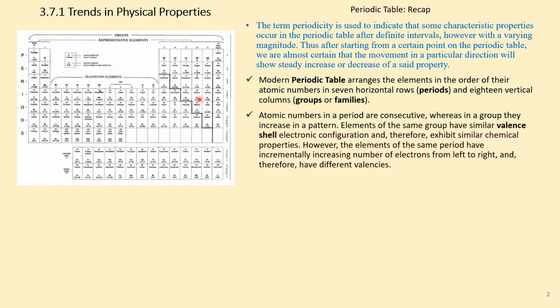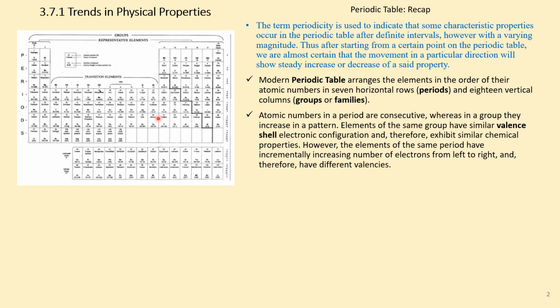The atomic numbers in a periodic table in a period are consecutive. So in the period, the atomic numbers are consecutive, whereas in the group they increase in a pattern.